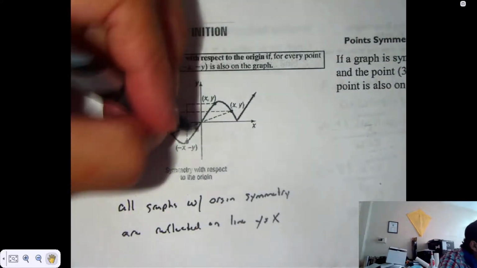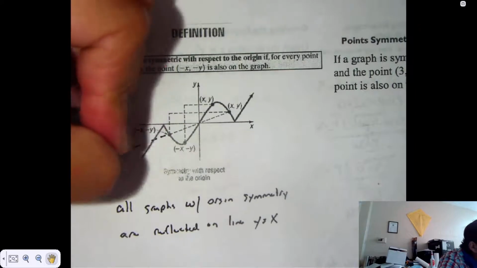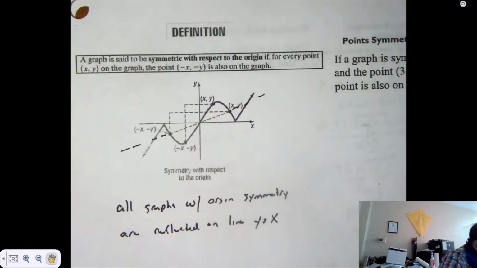They kind of give a hint on that on this example. But you'll see as we do these things.